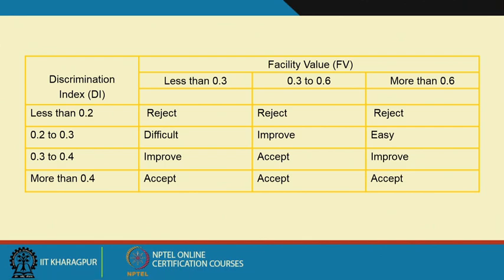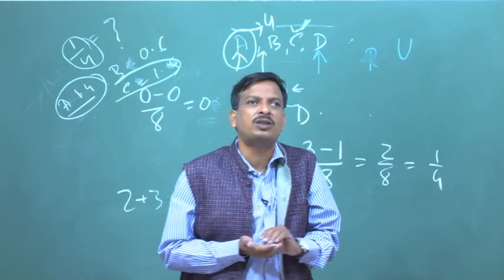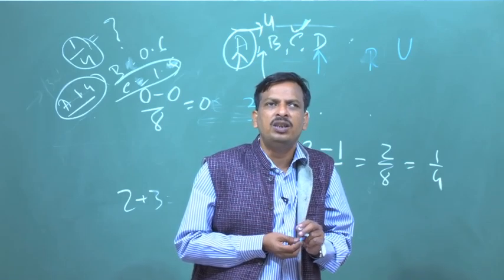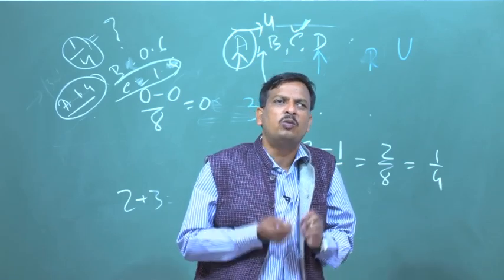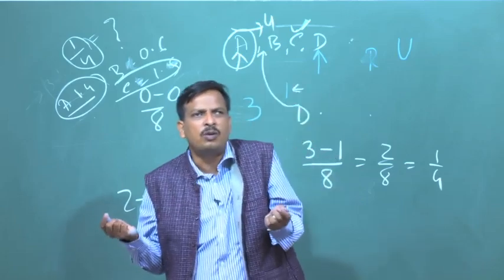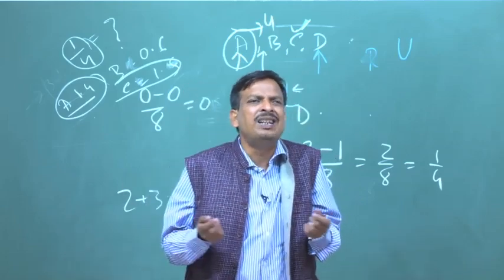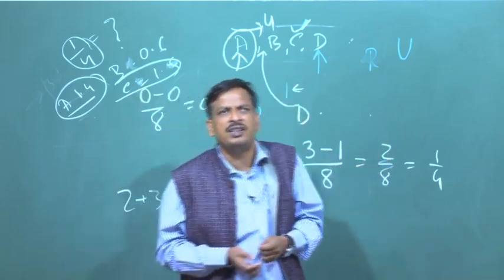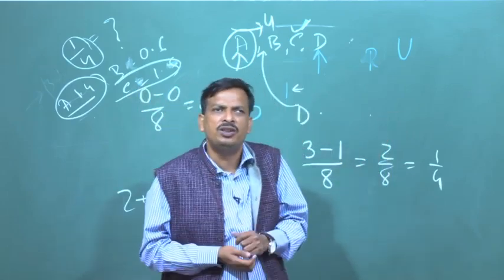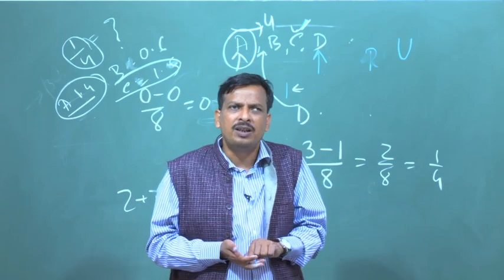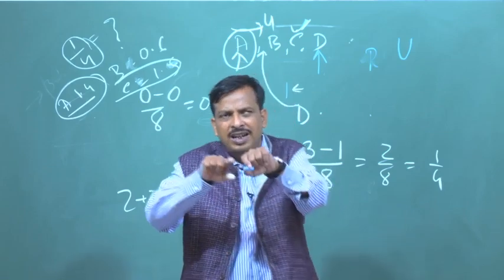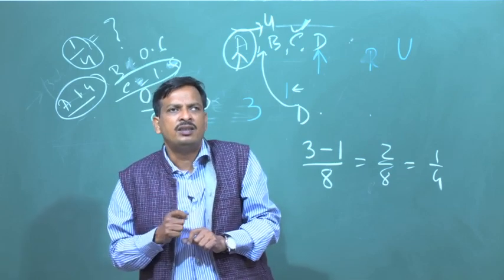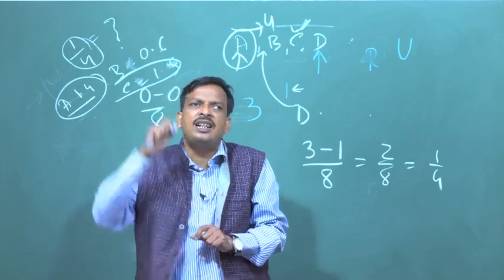If it is norm referenced, you are ranking. Suppose 5 lakh students are there, and I want to rank them within 300 marks. I want question number 1 or 2 or 3 to eliminate most of the people, so a discriminative index of less than 0.2 may be necessary in that case. But in a summative assessment, while I am taking an in-class assessment, my criteria are fixed.